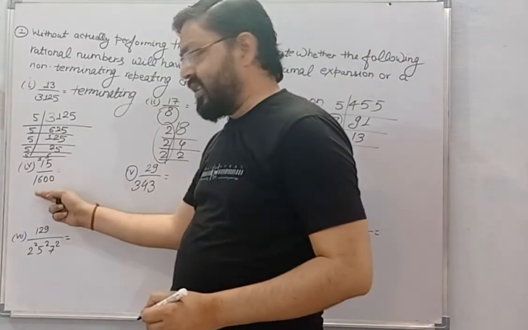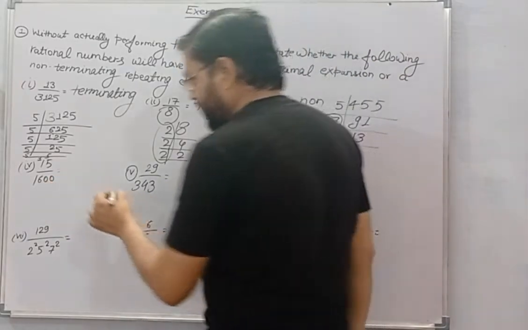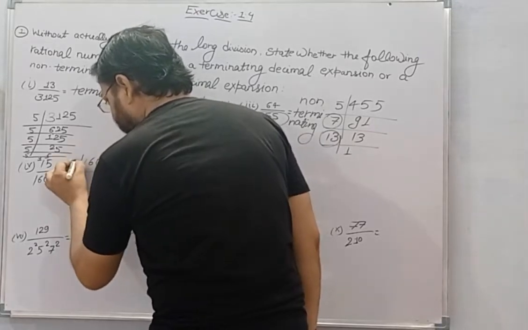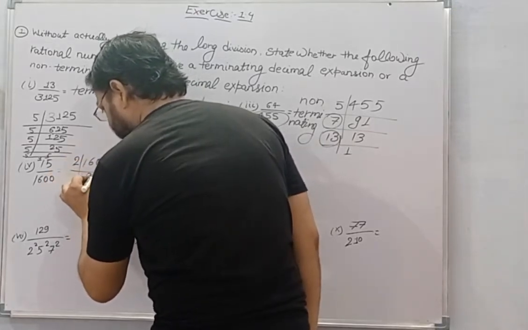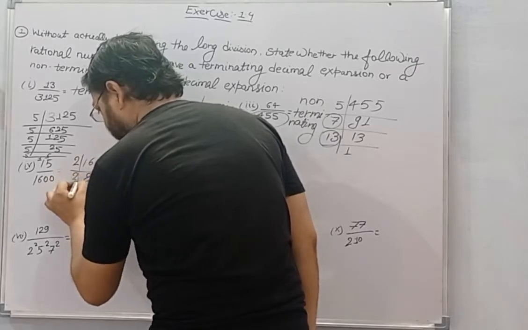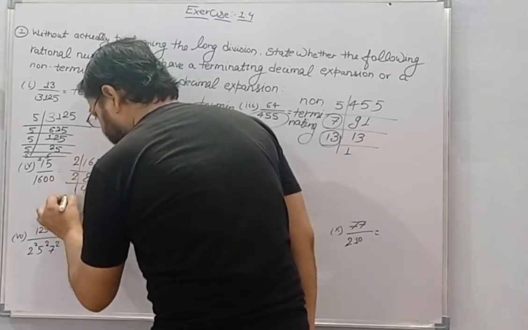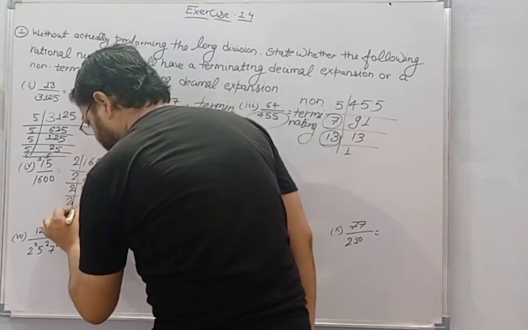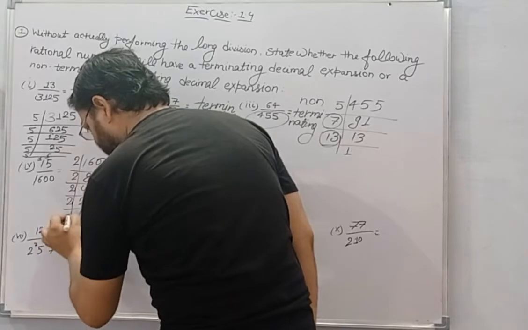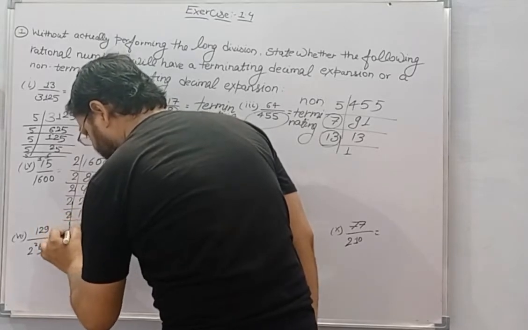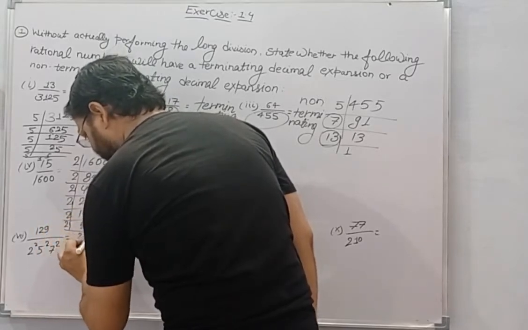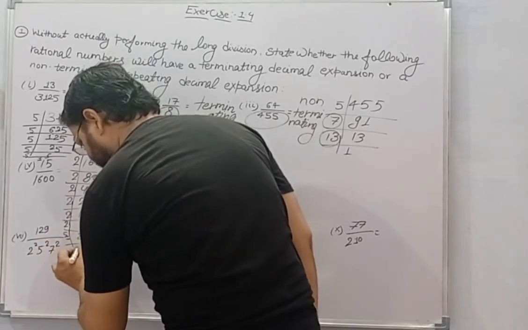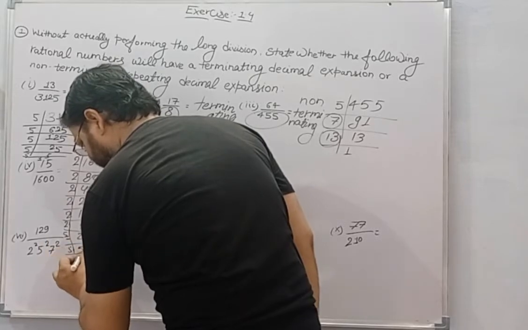For this, you can check 1600. Write down here 1600: 2, 800; 2, 400; 2, 200; and so on down to 25, and then 5 and 5.